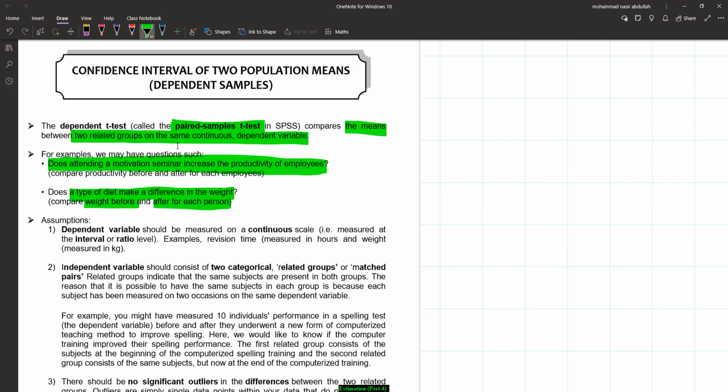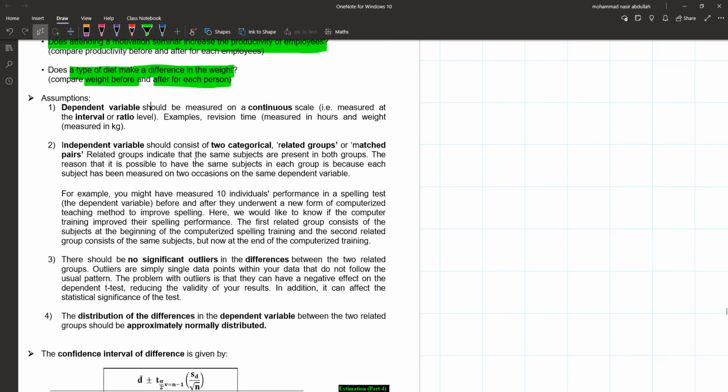So there are basically 4 assumptions required before you proceed with the dependent sample t-test. The dependent variable should be measured on a continuous scale. The independent variable should consist of two categorical, related groups, matched or paired.